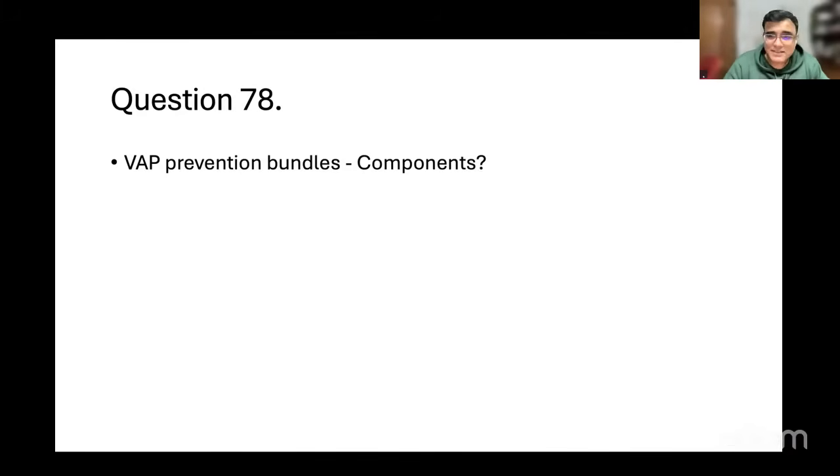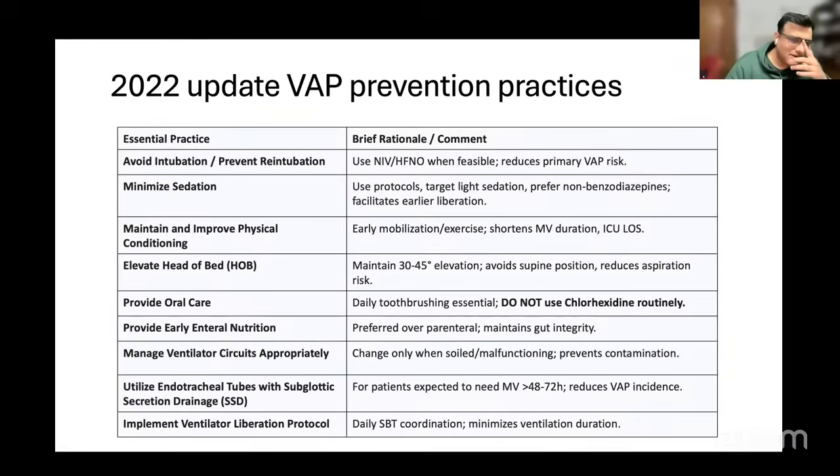VAP prevention bundle component. There was a 2022 update for the VAP prevention bundle. I don't know what was given as the option. So, you have to avoid intubation and prevent re-intubation is the first one. Minimize sedation, maintain improved physical conditioning, head of bed elevation, oral care, right? Daily toothbrushing. Chlorhexidine is not routinely recommended anymore.